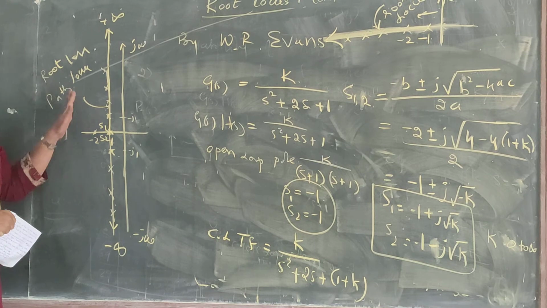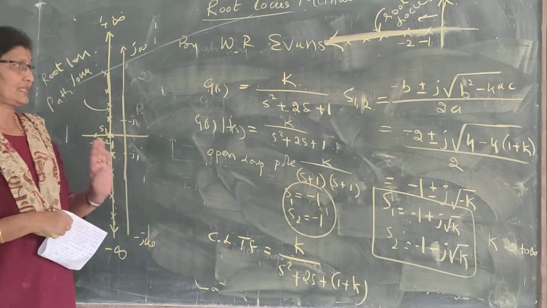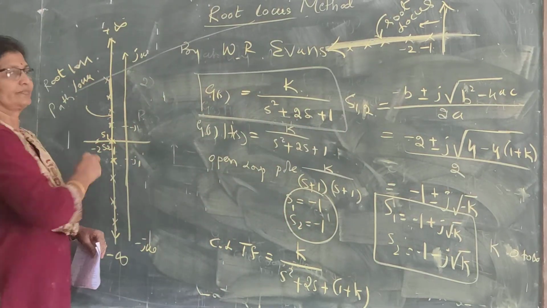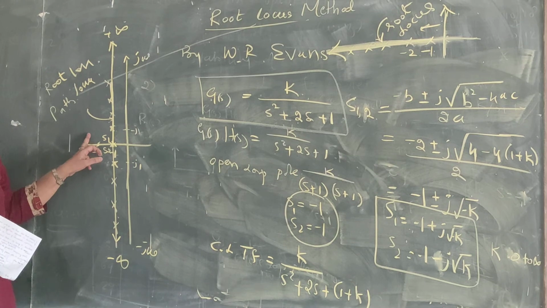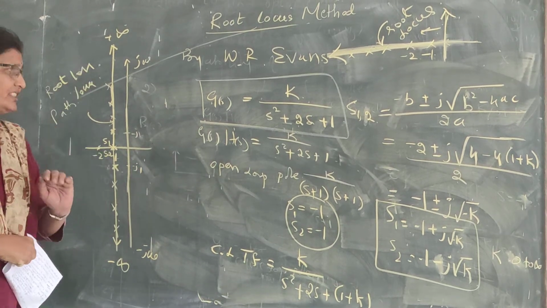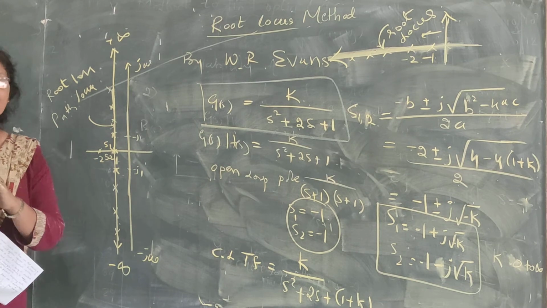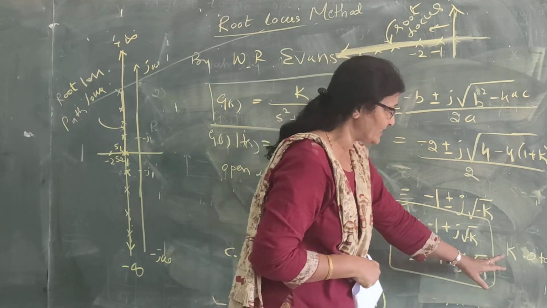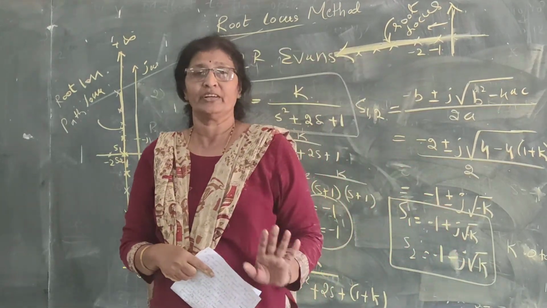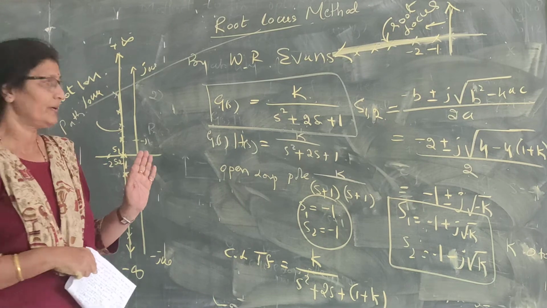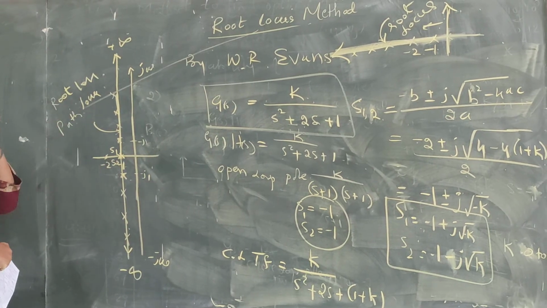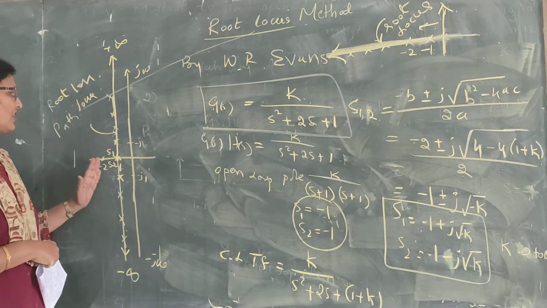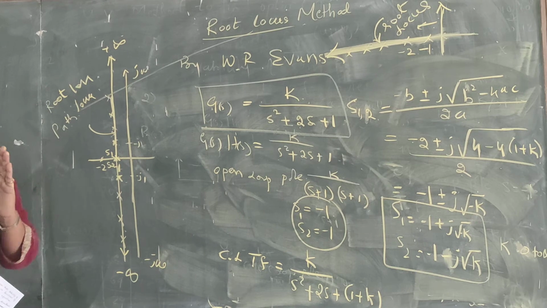So this is stable. By varying the value of k, you can predict that the system is stable only, since all the roots are lying on the left half of the S plane.